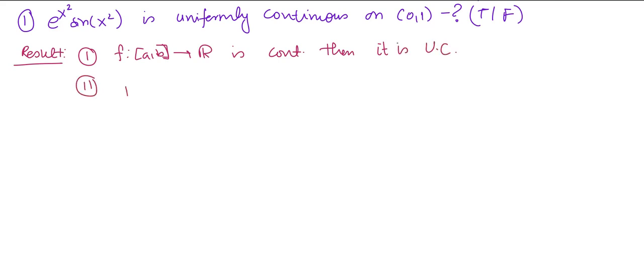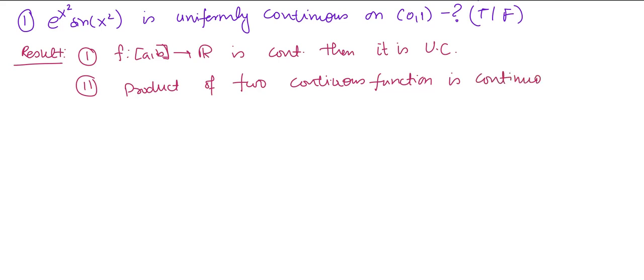The second one is that the product of two continuous functions is also continuous. With the help of these two results, we are going to show whether f(x) equals e raised to the power x square sin x square is uniformly continuous or not.